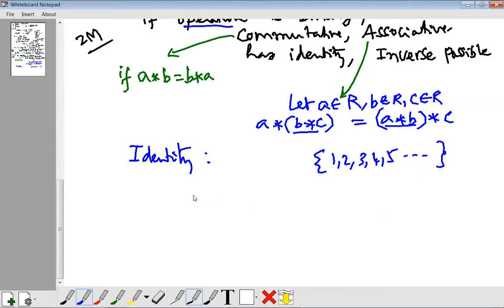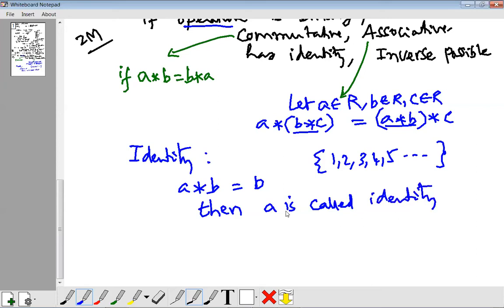I would like to do A star B, and if I get the answer B, then A is called identity. Also this A must belong to whatever that set is. It can be R or N or whatever. So in this case, can you tell me which one can be the identity? One can be identity, or two, or three? Which one do you think is identity?